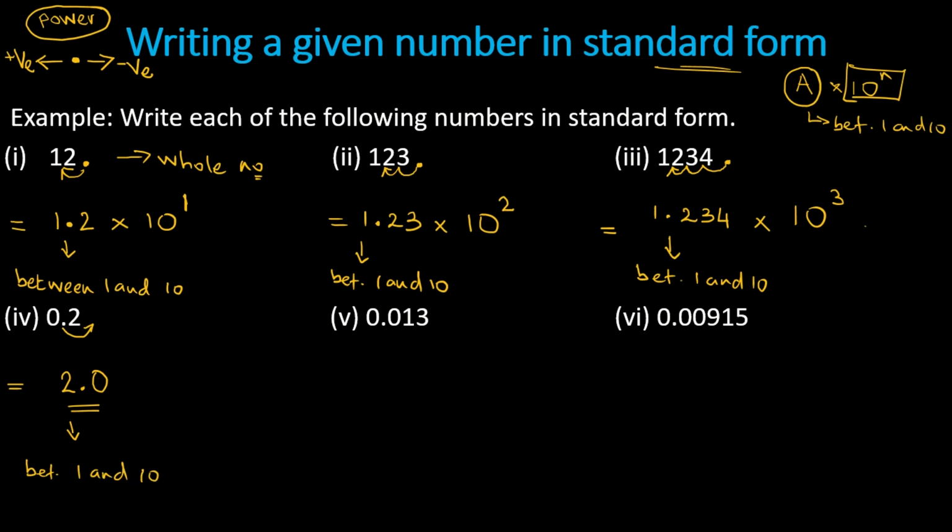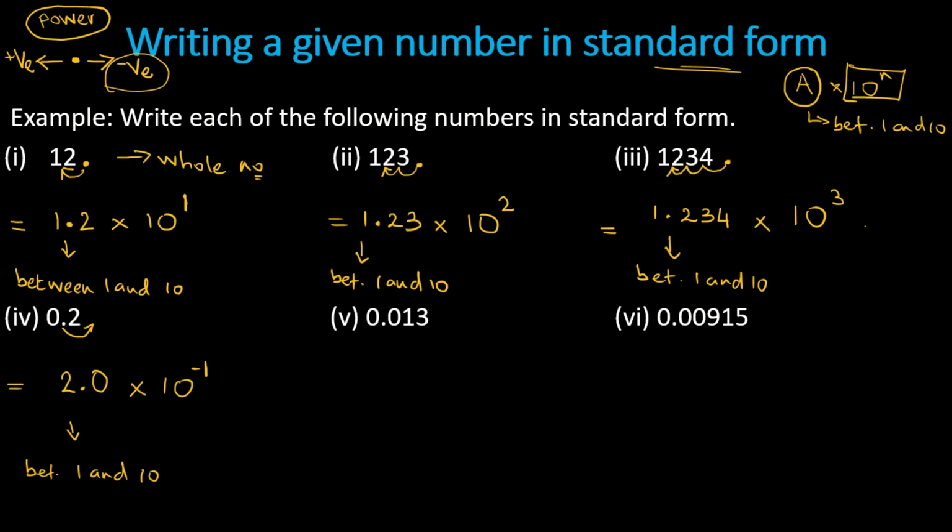Of course, 2.0 is between 1 and 10. So we stop here, then we write down times 10 to the power of, how many decimal places have we moved? Only 1 decimal place we have moved. Now, since we have moved to the right, the power is going to be positive or negative? It has to be negative. So 0.2 in standard form is 2 times 10 to the power negative 1.